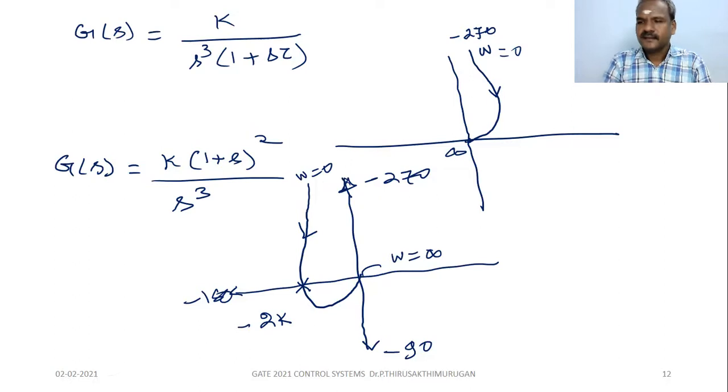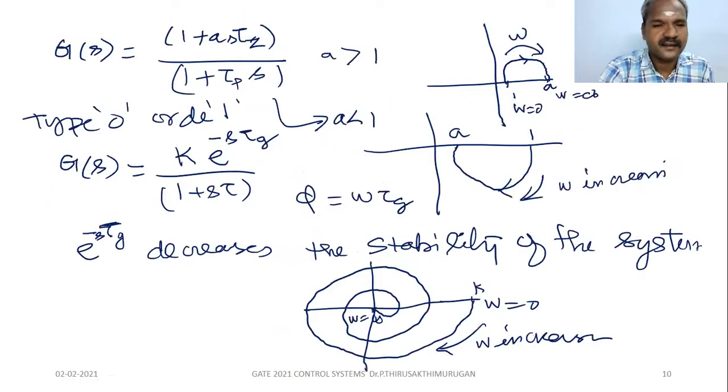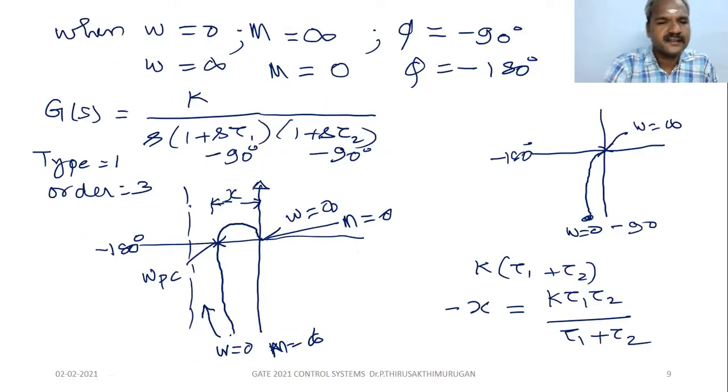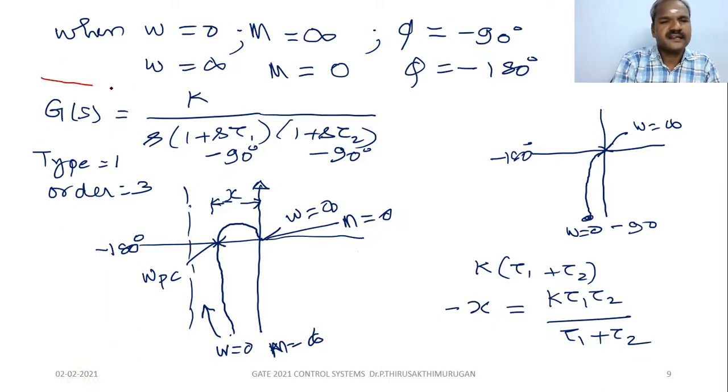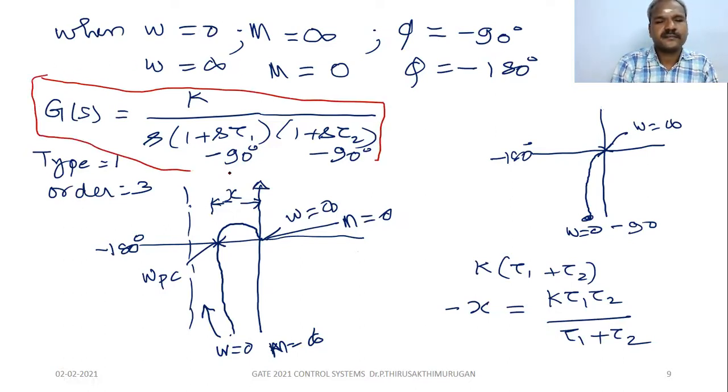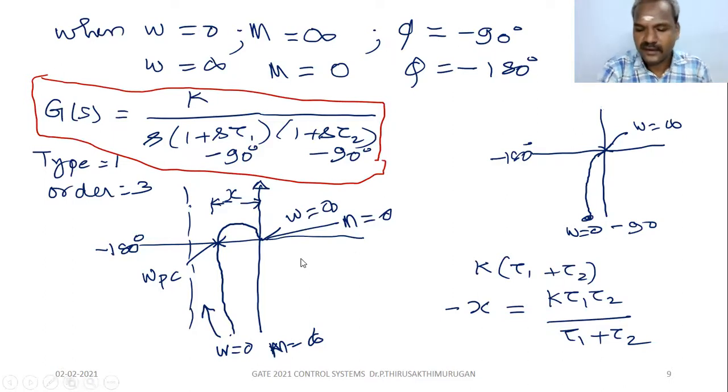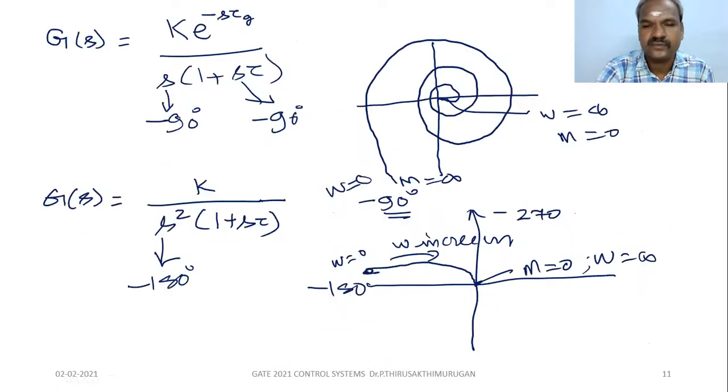Understand? Let's see our type 1 third order system we have already seen. So this is the transfer function. Let us consider this as a typical transfer function for the system. Okay, so let's find the gain margin and the phase margin, the gain crossover frequency and phase crossover frequency.